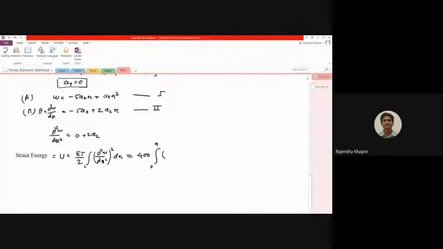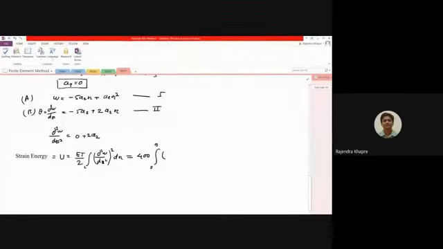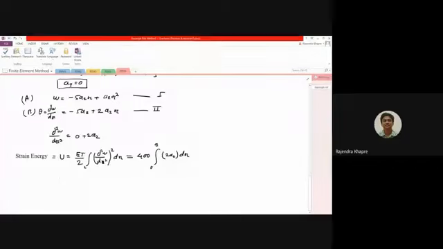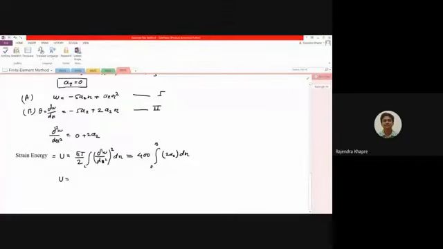Okay, and your d square w by dx square is nothing but 2 times A2, and this will be your dx. If you go for the integration part, this 2 will come out, so it will become 800 times A2 integration from 0 to 5, and this will be simply a dx. Okay, I think this is a square term.